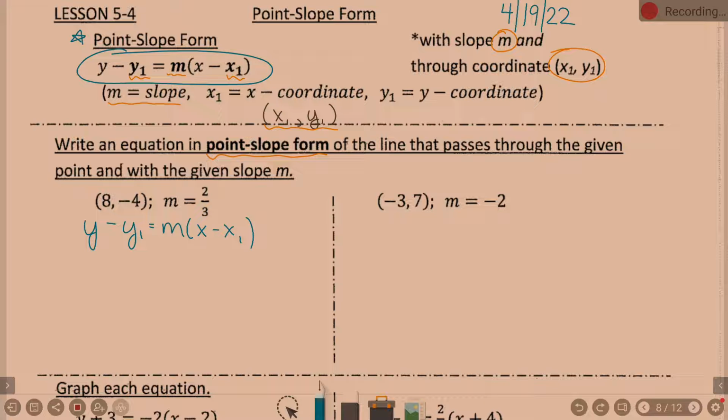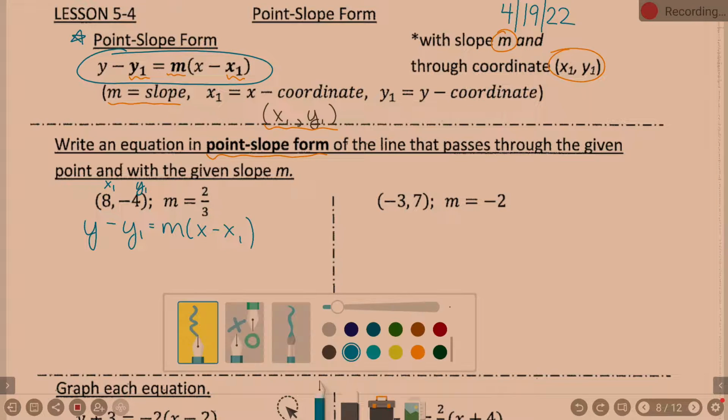What's the order in an ordered pair? Is it xy or yx? xy? Alphabetical, right? So right here at 8, negative 4, these are your x and y values. Specifically, they're going to go in place of x1 and y1.